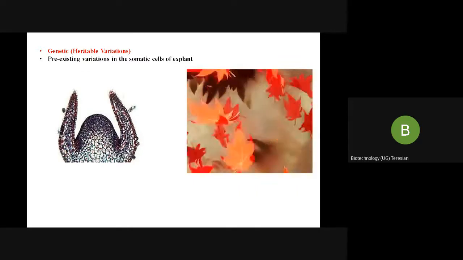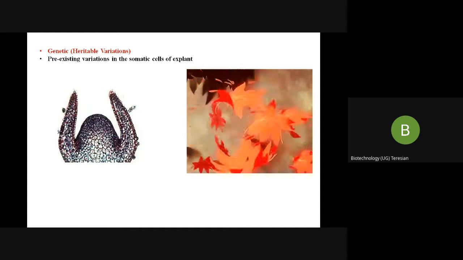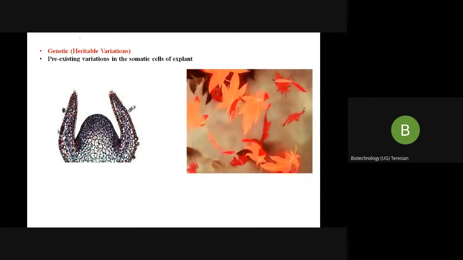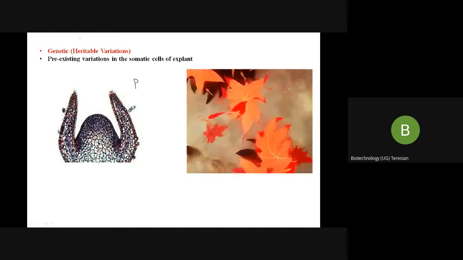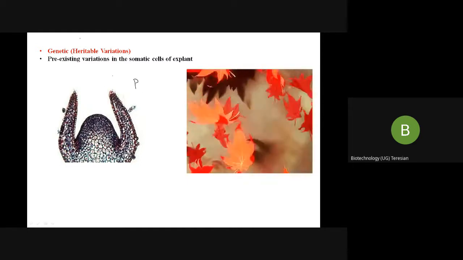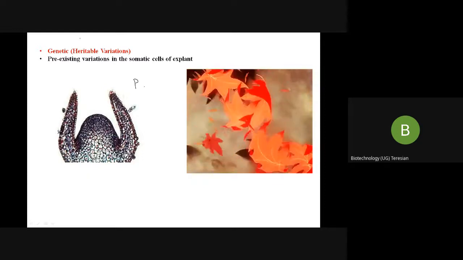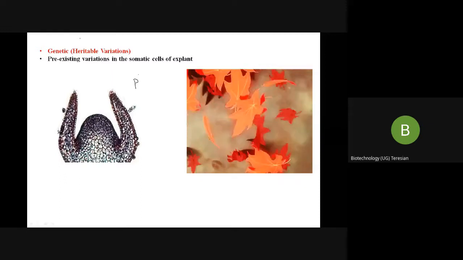I'll repeat it again. So what is happening? You have chosen this plant. This plant is already having some variation. Pre-existing variation is present in it. And why did that happen?